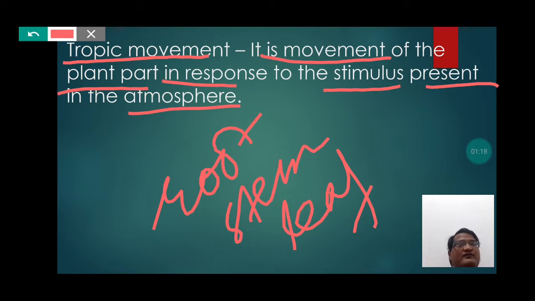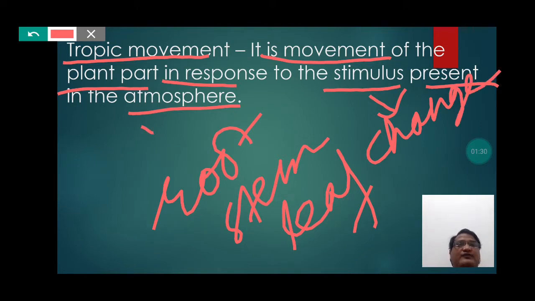Here, stimulus represents any change which takes place in the atmosphere. So any change which takes place in the atmosphere is called a stimulus. So stimulus is responsible for the tropic movement.